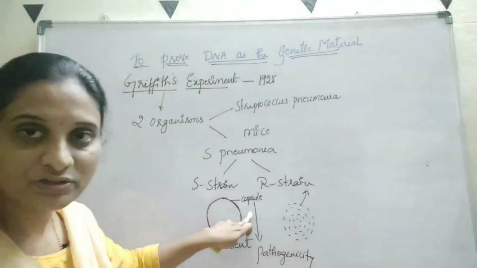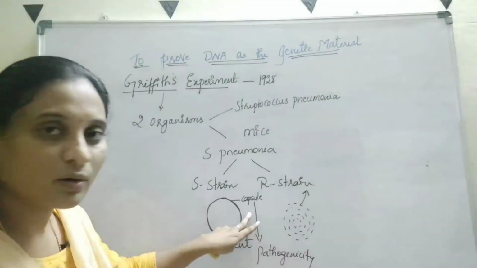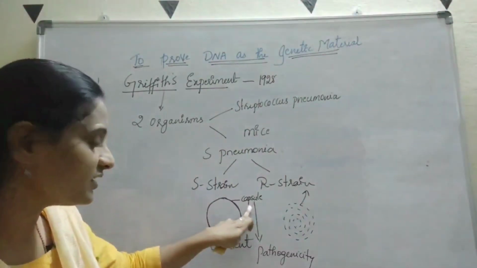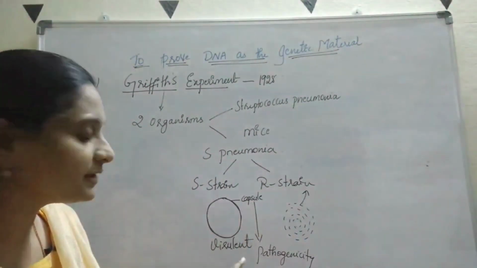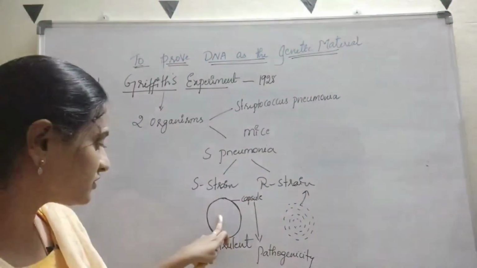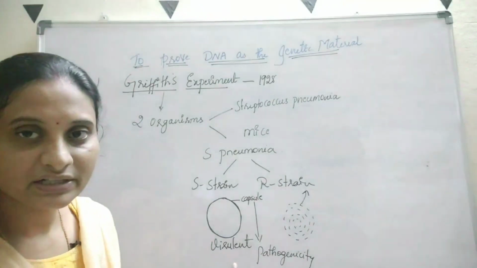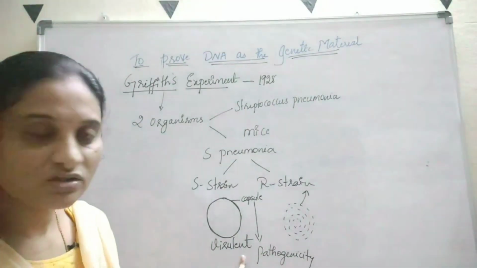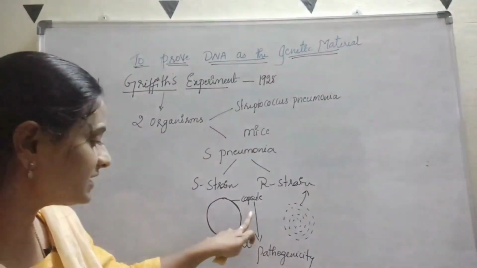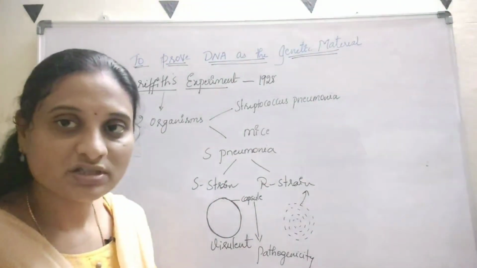That means this capsule is responsible for causing disease in organisms, and it is the main reason for causing pneumonia in the mice. So the smooth strain is virulent in nature because the capsule present in it is responsible for pathogenicity.